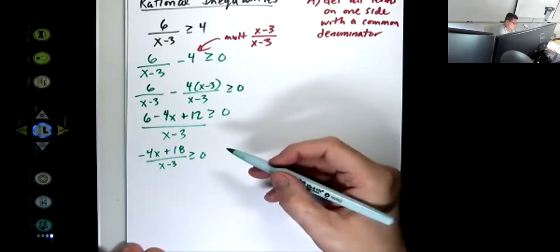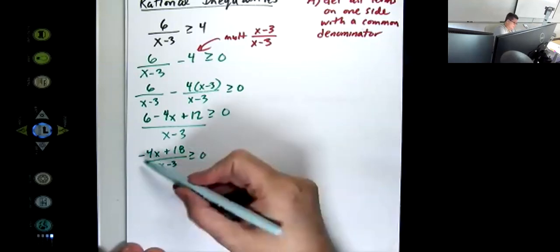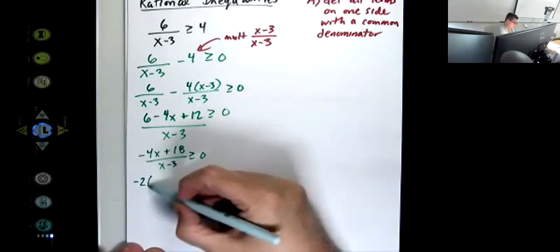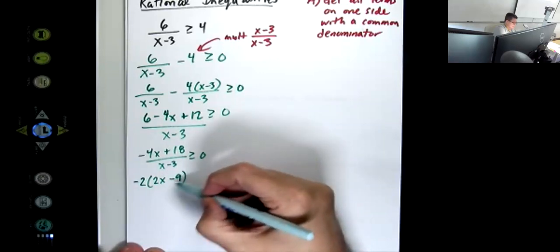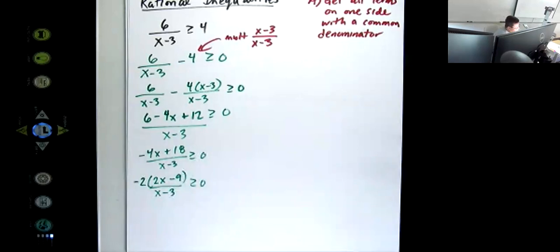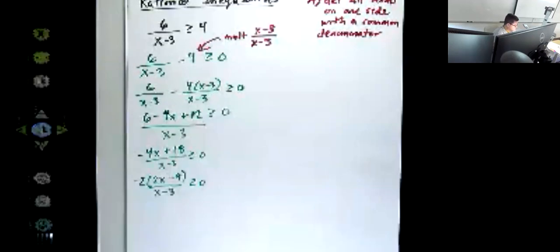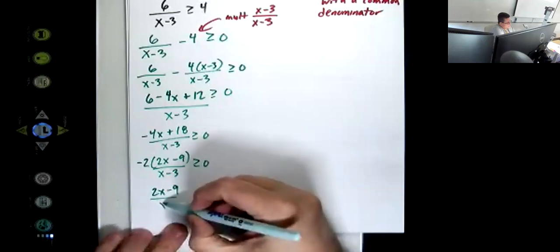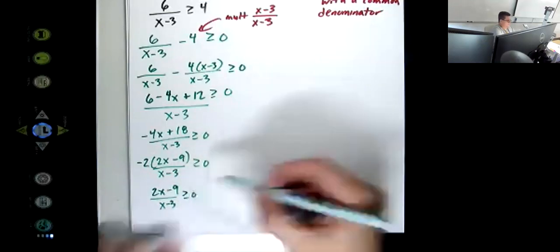And I guess I could factor out a negative 2, I get 2x minus 9 over x minus 3. And if I divide by negative 2, I get 2x minus 9 over x minus 3 is greater than or equal to 0.